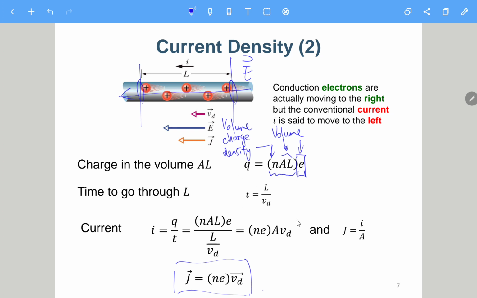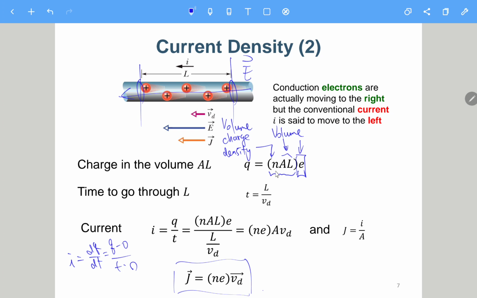And then I equals q over t. Of course, just now it is like I equals dq/dt, but if q is uniform, you can consider it as q minus 0 over t minus 0, so it becomes q over t.